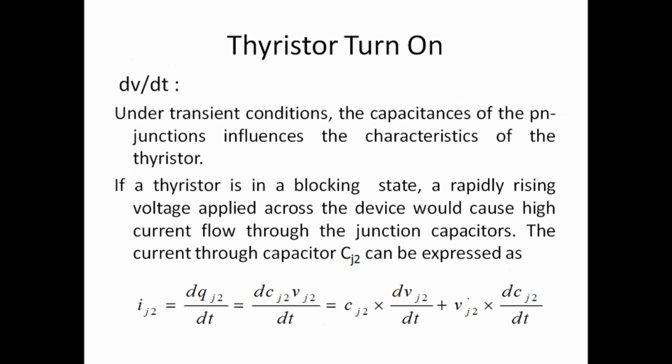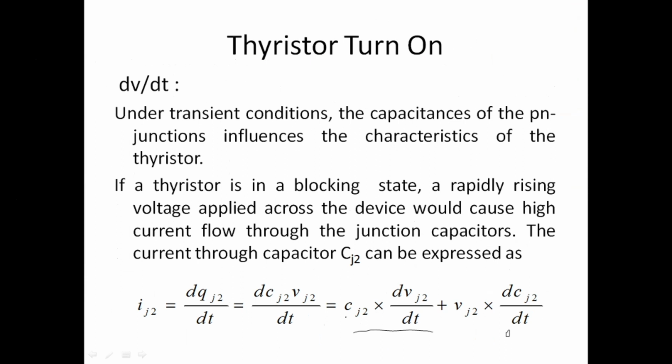So this part we are making 0. Once this is 0, the product is also 0, and only the other term remains. This is important. The current passing through the junction because of the capacitance effect, Ij2, is equal to the product of Cj2 and dVj2 by dt.